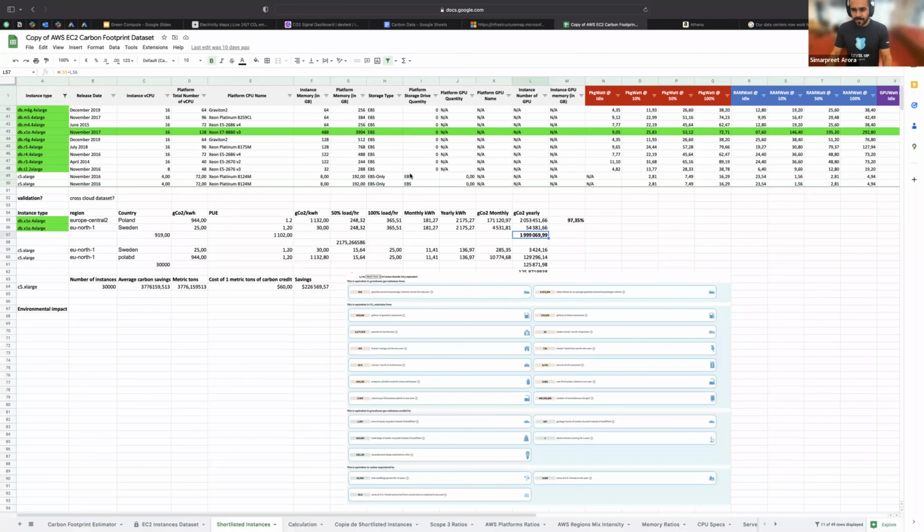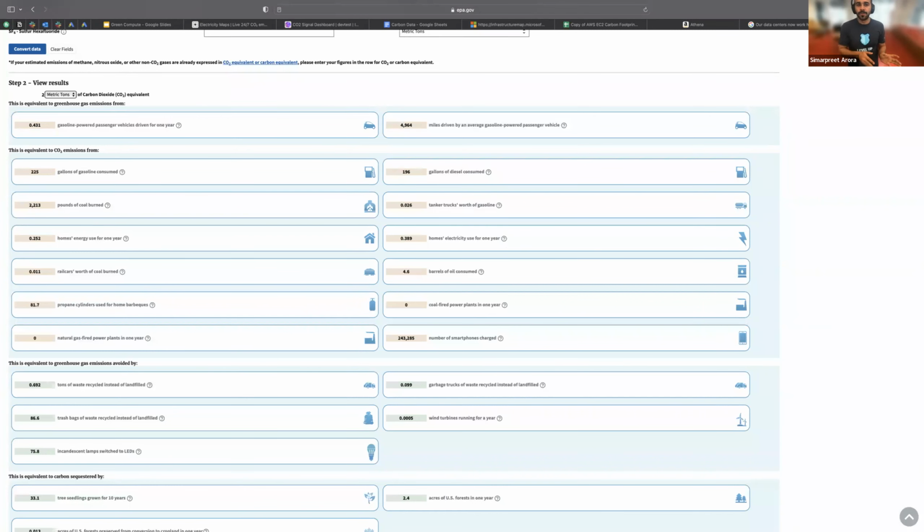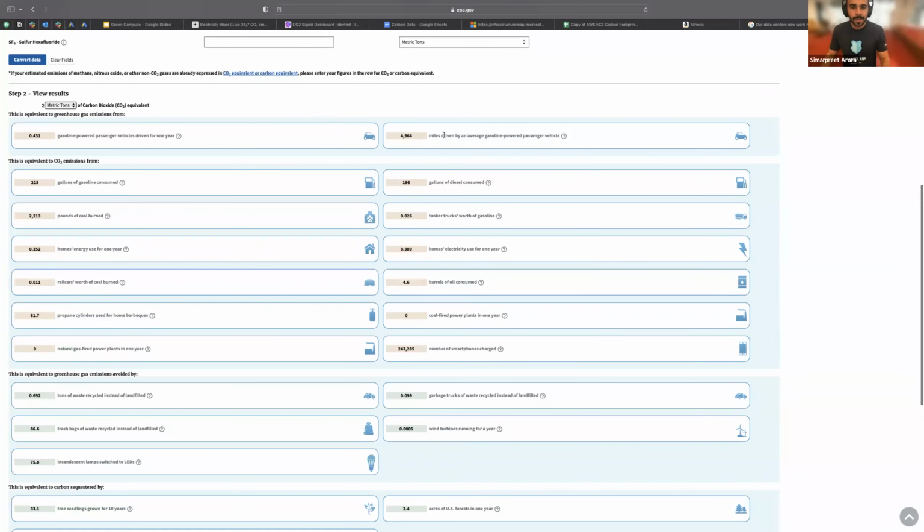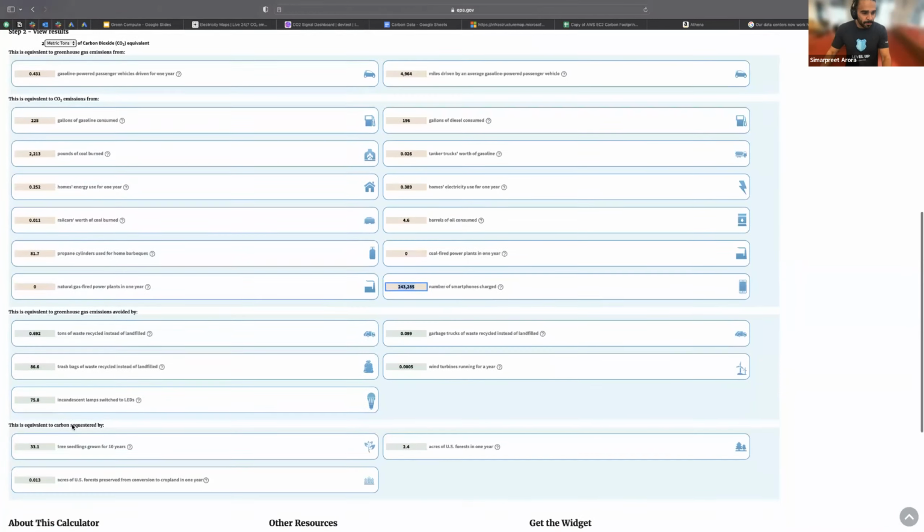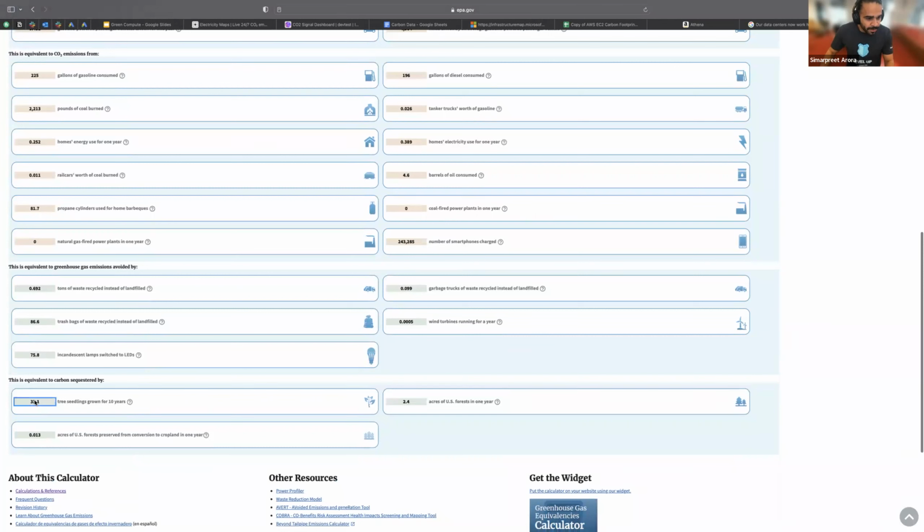But what does 2 million grams of carbon mean? For that, I used the EPA website and figured out that 2 million grams of carbon is equivalent to 5,000 miles driven by a car, or 250,000 smartphones charged, or 33 trees planted for a year. So this was the POC that was done.